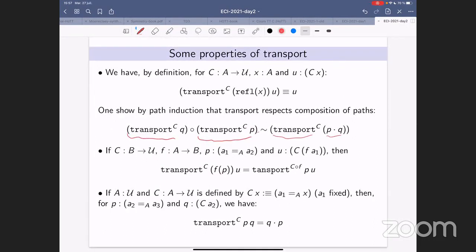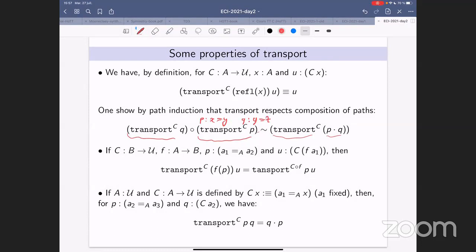So these are two functions that, well, let us give types. If P is an equality between X and Y, and Q is an equality between Y and Z, then this function here goes from Cx to Cy, then from Cy to Cz.